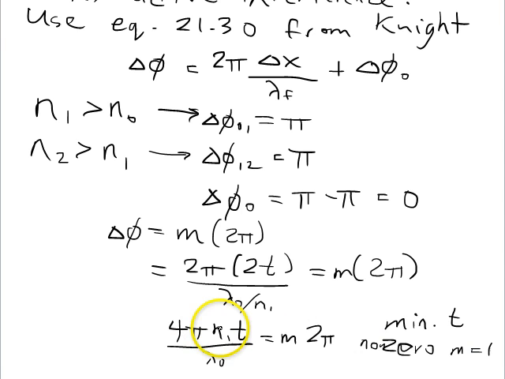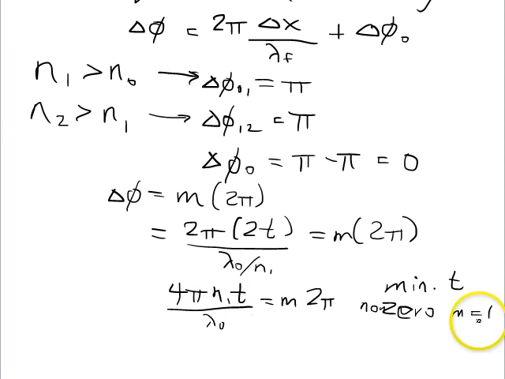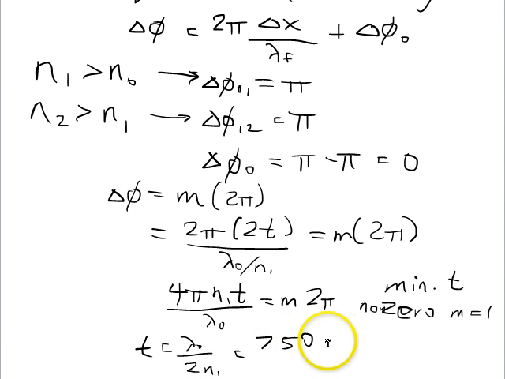So if you put in m equals 0, you get thickness equals 0. If you put m equals 1, or 2 or 3, you'll get higher and higher thicknesses. So the thinnest one is t equals just lambda sub 0 divided by 2 times n1. That's 750 nanometers divided by 2 times 1.2. And that's equal to 313 nanometers.